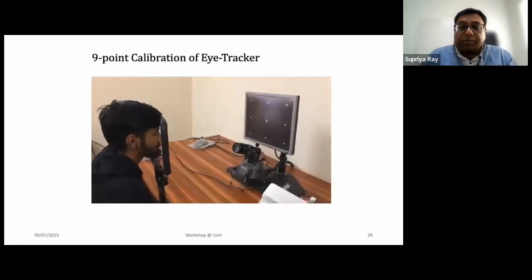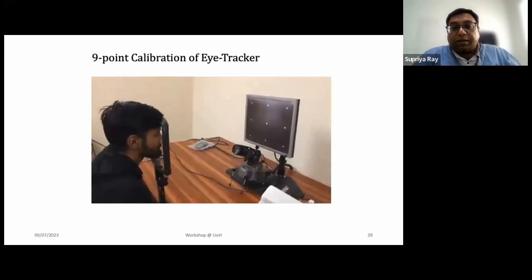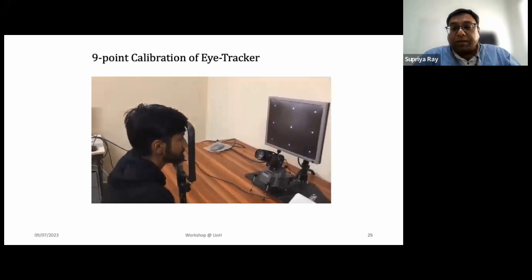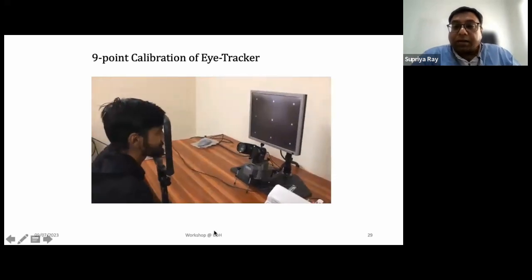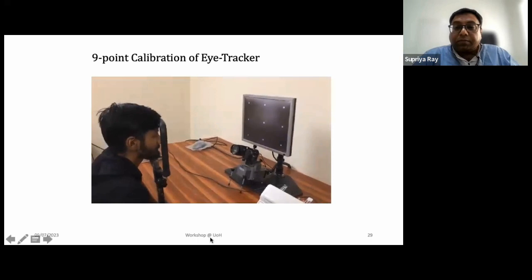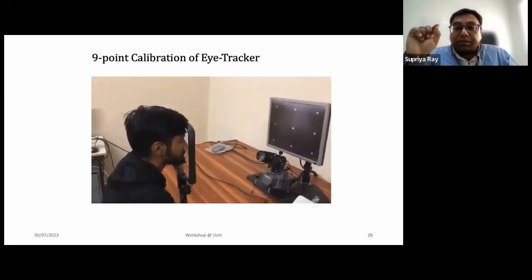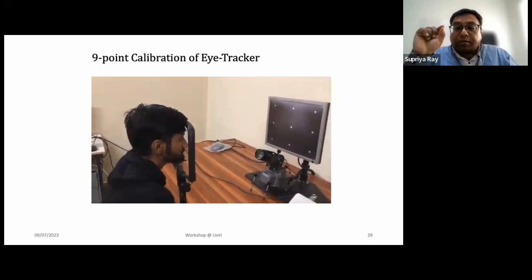All right. In this movie, what you see is that the eye tracker is being calibrated. Calibration means you need to teach your eye tracker where the subject is looking. So we fix 9 landmark points, and we ask the subject to look at those points one by one, and we register those eye locations.